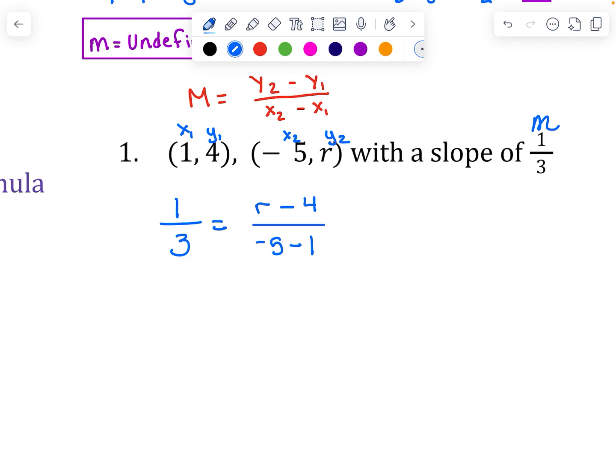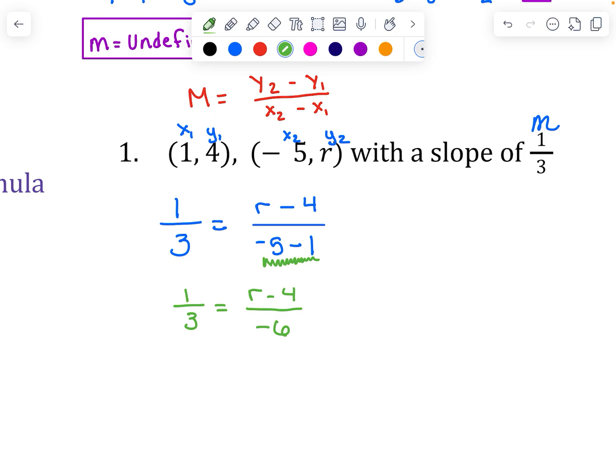So we put all of our given information into our slope formula. That's step 1. Step 2 says to simplify. So I'm going to keep 1/3 the same, equal to r minus 4 the same, over negative 5 minus 1, which is going to give us negative 6.